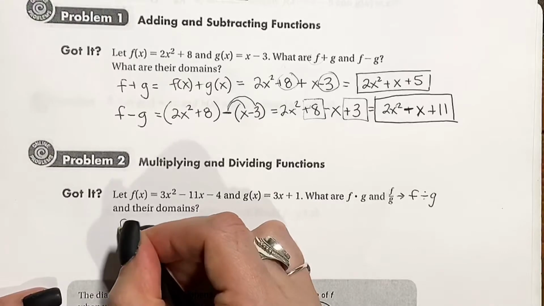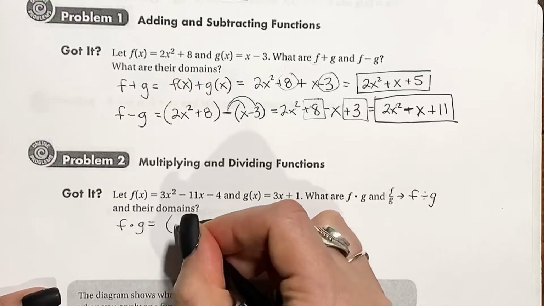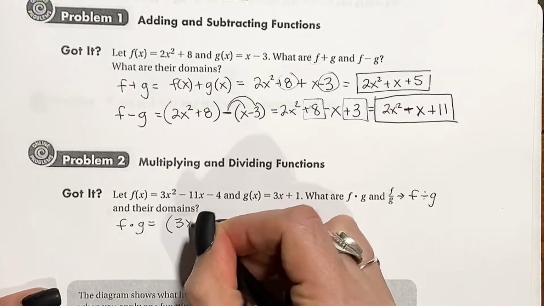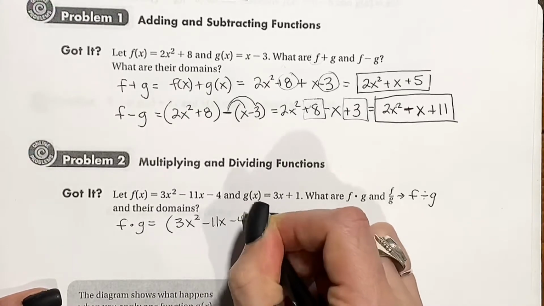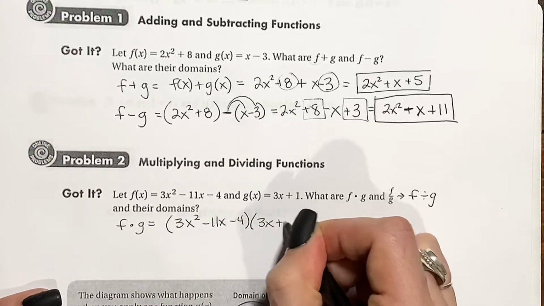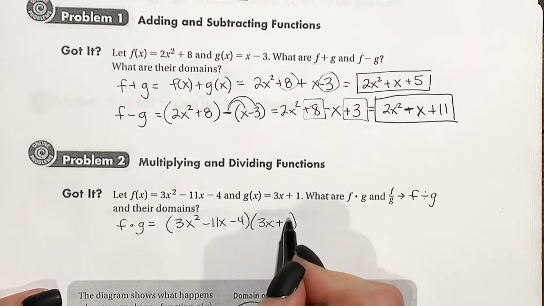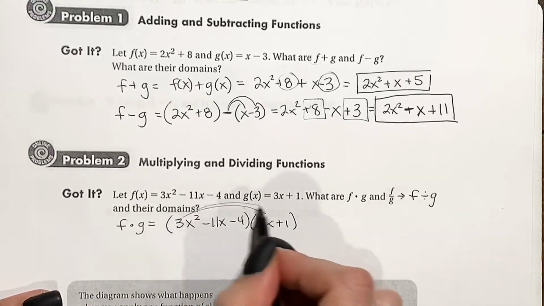But let's do f times g first, which again, you already know how to multiply. So we're just going to take the f function, which is 3x squared minus 11x minus 4, and then we're going to times it by g, which is 3x plus 1. So you have your f function being multiplied by your g function. So essentially we're just going to be foiling it.